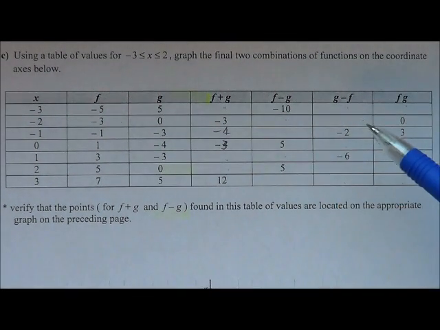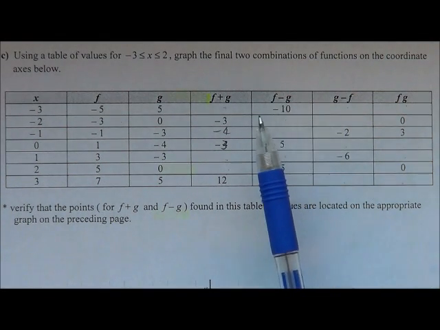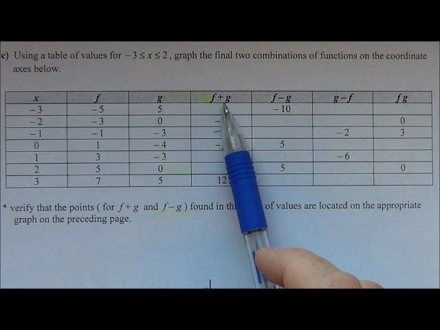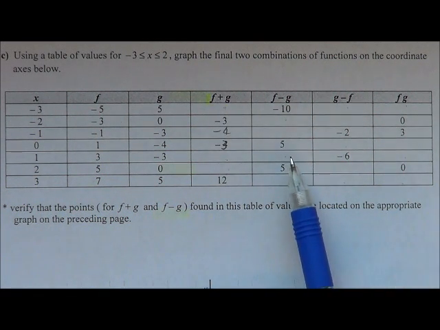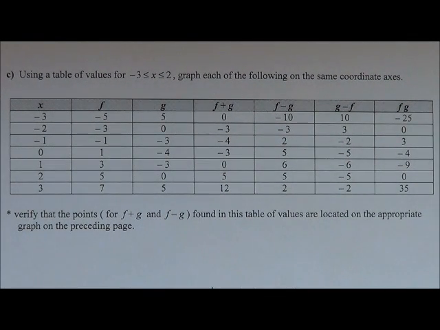Once you have those, can you please verify on the graph that you graphed previously that the points of f plus g and f minus g are the same as what you had graphed before? Okay, so the finished table looks like this.